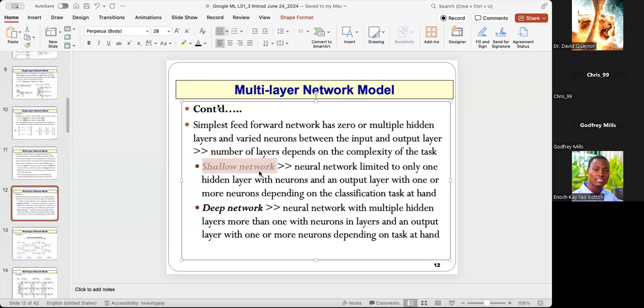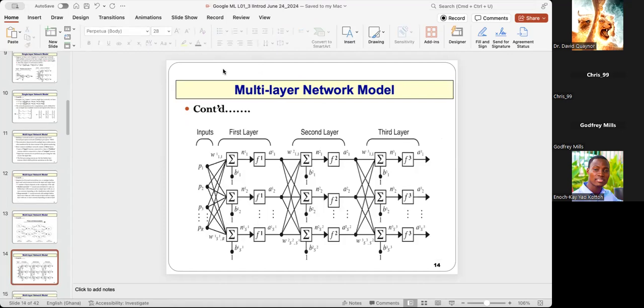When you have more than 1 hidden layer, that gives us what we call a deep network. You can design a neural network for a particular application where you have maybe 4 hidden layers. It means that the learning will be much deeper than the simple single hidden layer operation.